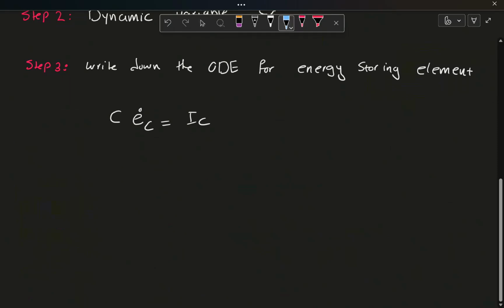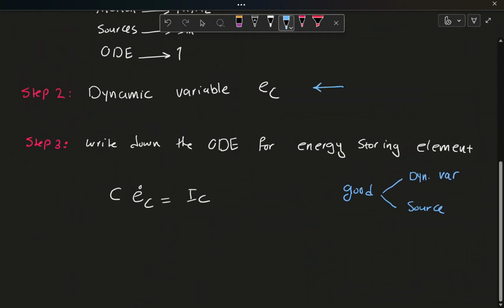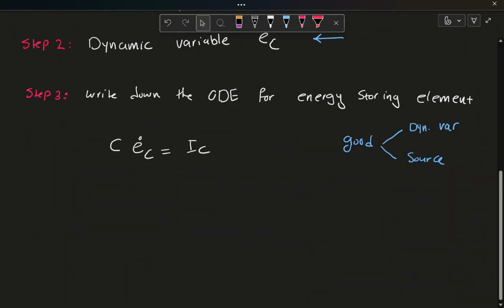Again, guys, my good terms were voltages across the capacitors, my dynamic variables, and my sources. And if you guys remember, dynamic variables were either the voltage across the capacitors or current through the inductors, that we find in step 2. Okay, let's go through this one.